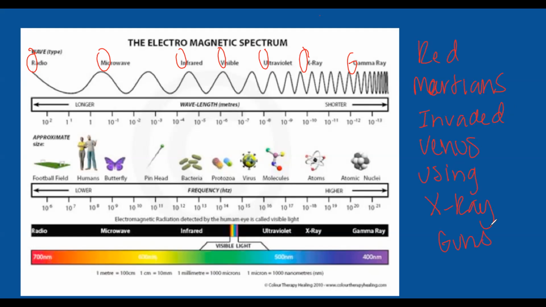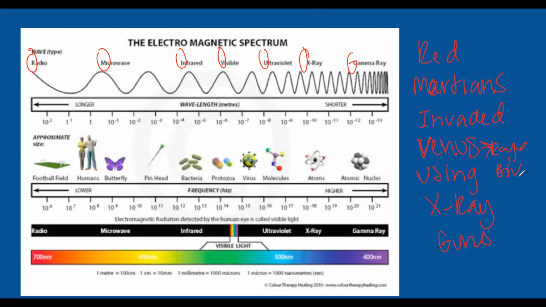So radio waves, microwaves, infrared, visible light, which is the colors, which goes into ROYGBIV. And then we got ultraviolet, X-ray, and then gamma.